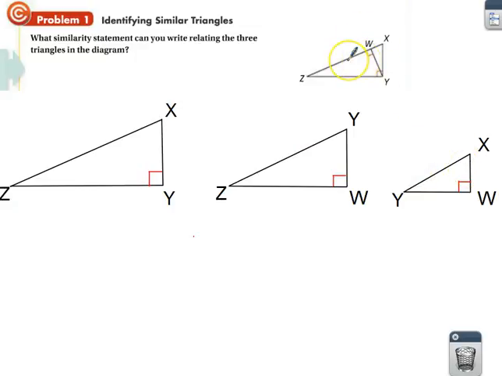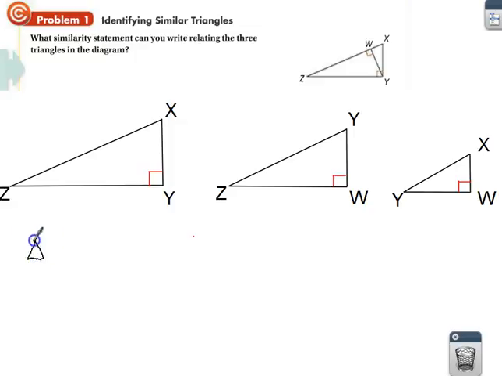I'm going to orient them the same way, and then make a similarity statement between the triangles. Because I just told you that if I draw the altitude to the hypotenuse, it makes 3 similar triangles. So let's see what the similarity statement would look like.